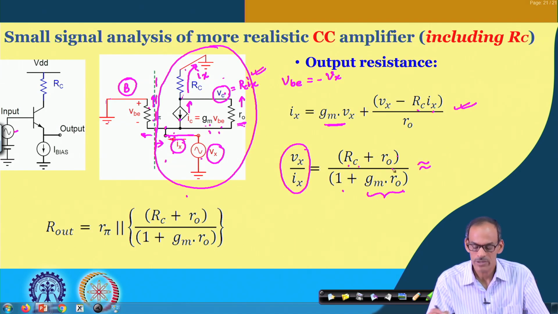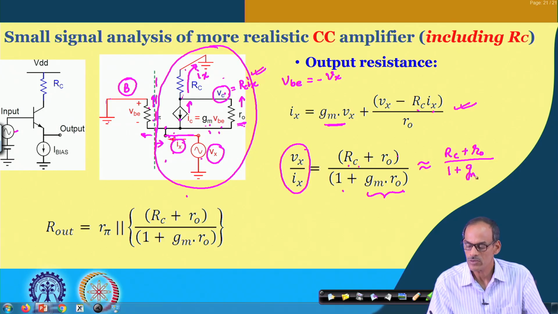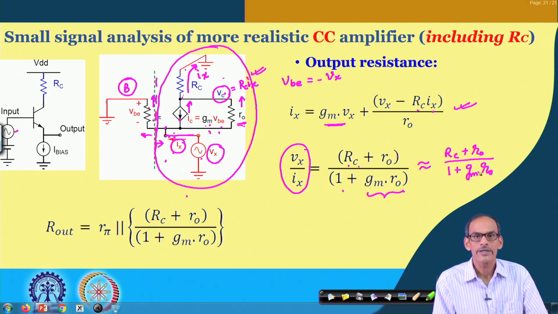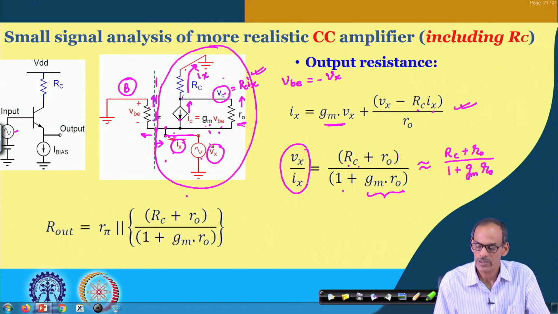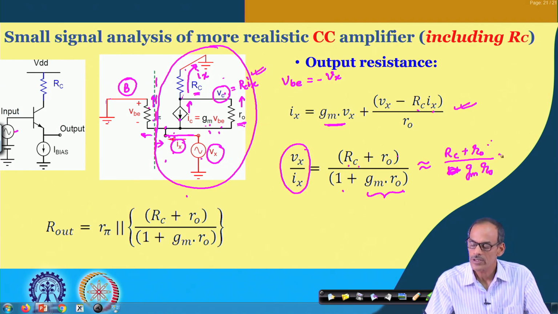So, we may approximate this by R c plus R naught divided by 1 plus G m into R naught. In later discussion in other circuits, we may come across a similar kind of circuit, so try to remember this outcome of this analysis. Based on the value of R c and R naught, it may be in the order of 1 by G m, that may be the conclusion.